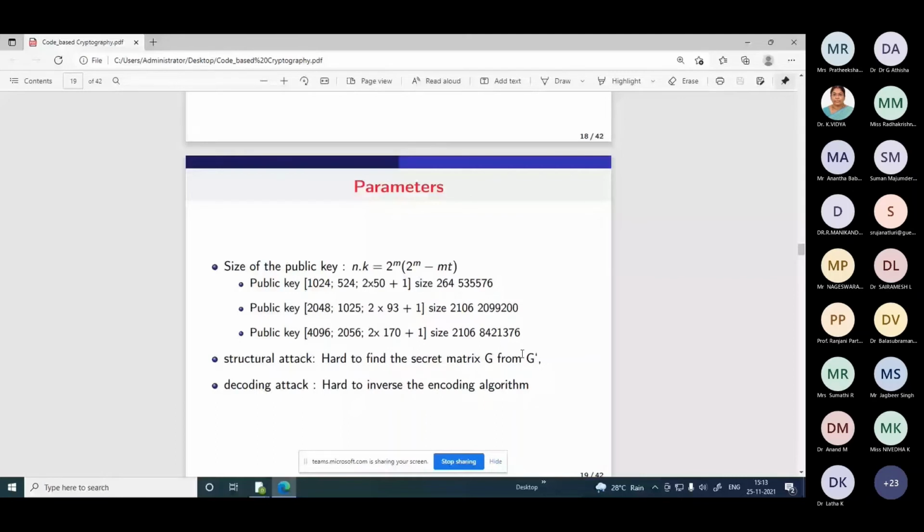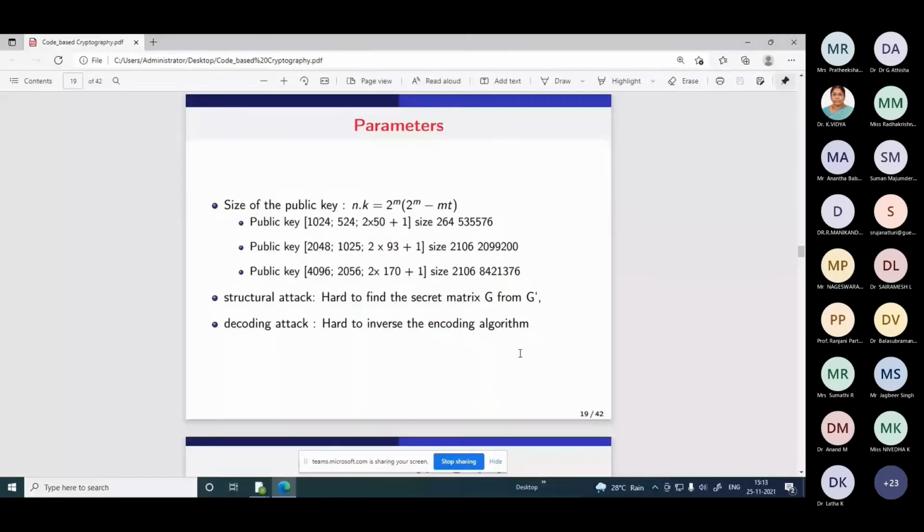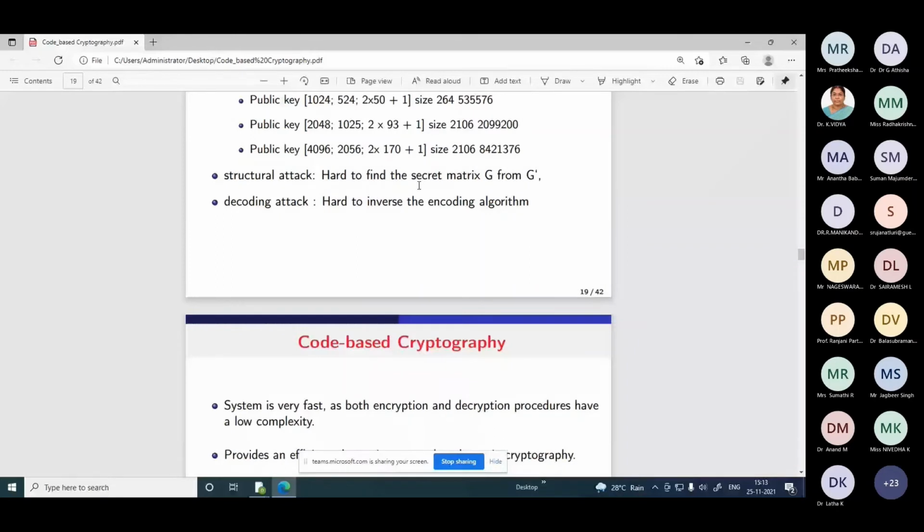The structural attack on that system is nothing but finding the secret key from the public key. That is very hard. And the decoding attack is nothing but inverting the encoding algorithm, which is hard. Once the structural attack is successful, we can do the decoding attack.